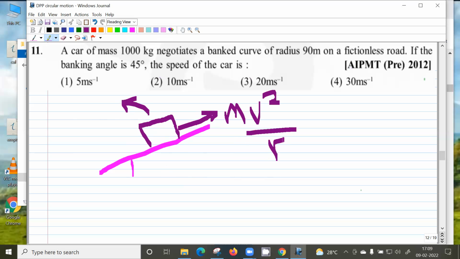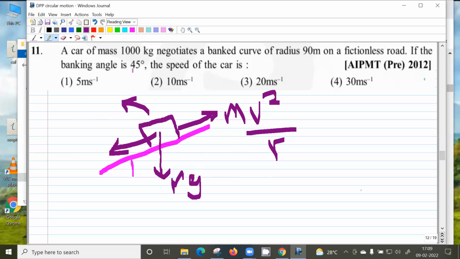If friction is there, then it will act inwards and balance this force. But instead of having friction, since the road is inclined, there will be a component of weight that will balance this one. So this is mg. So this component is mg either cos or sine. That will balance this one. So you just have to equate these two.